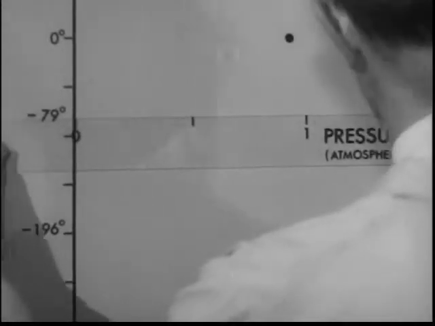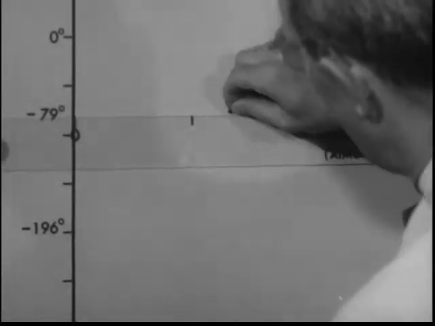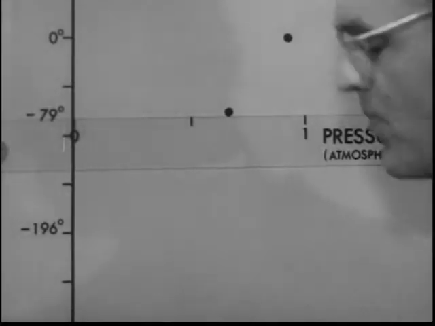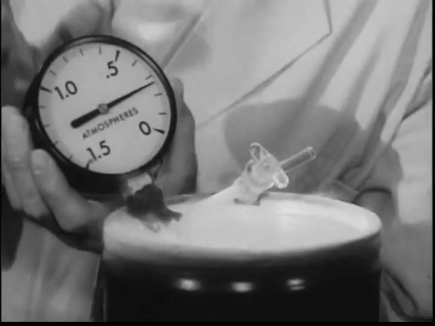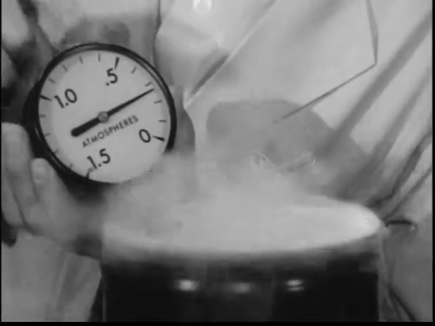For dry ice, we got a point at 0.67 atmospheres. The pressure at minus 196 degrees centigrade is 0.27 atmospheres.